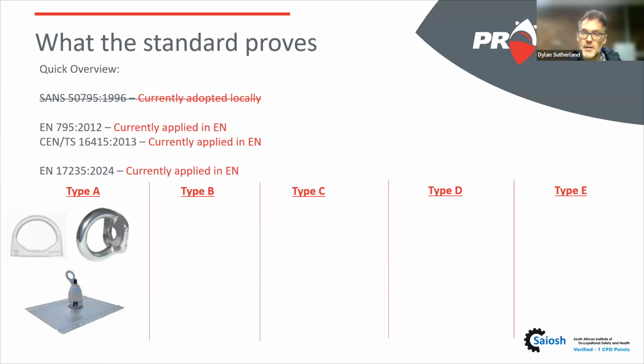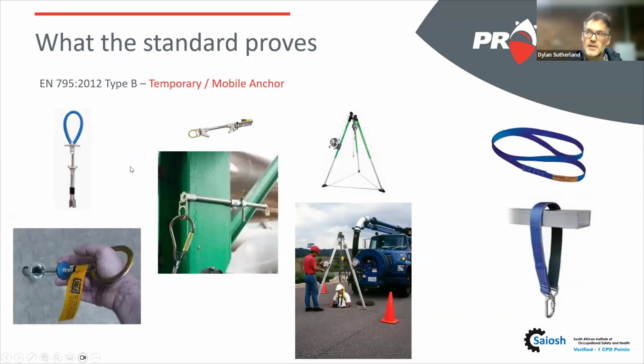We then move to the type B, which is a temporary or a mobile anchor. This is where you would be doing a job and you've got a piece of I-beam and you can connect an anchor point, whether it's this fixed beam anchor or a sling, and you can connect it and create an anchorage point, which would stop you from hitting the ground should you be experiencing a fall.